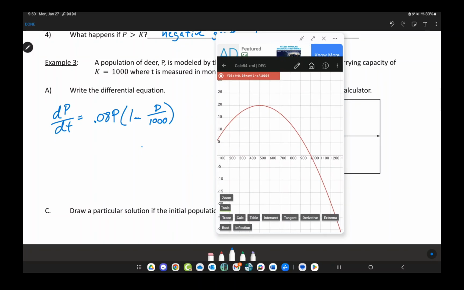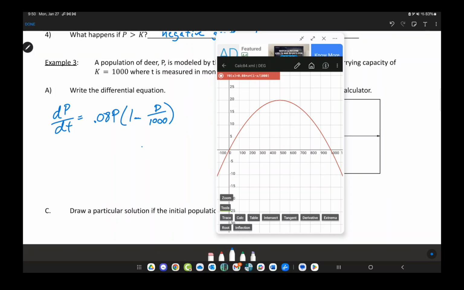What this is, again, since I can't have a population less than 0, I do have to start at 0. Now, this is not the graph you're going to graph. No, this is the equation of the slopes.